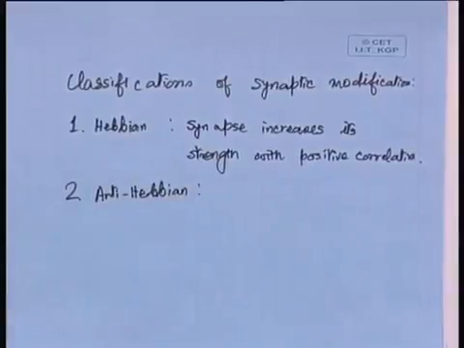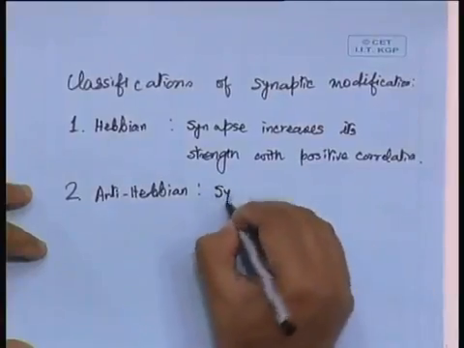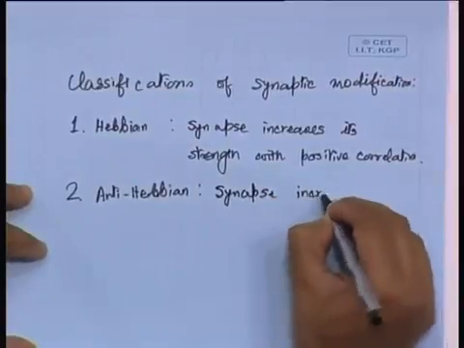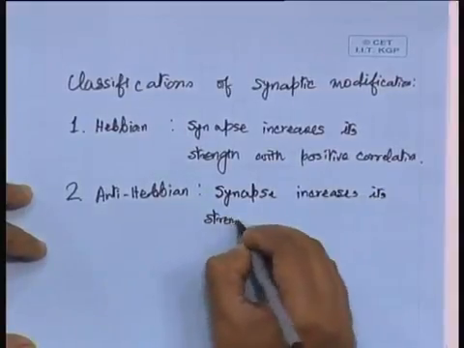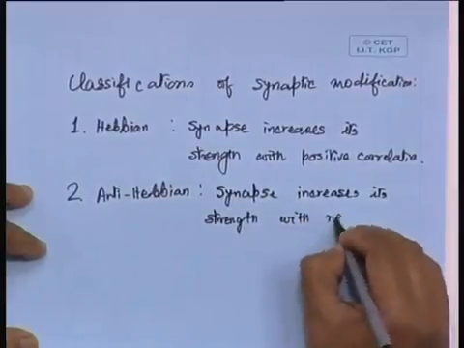Anti-Hebbian means something that behaves exactly opposite to how the Hebbian learning mechanism behaves. That means if you have negative correlation, if one end of the synapse is -1 and the other end is +1, in that case you should strengthen it. So, the synapse in the case of anti-Hebbian increases its strength, but not with positive correlation, but with negative correlation.